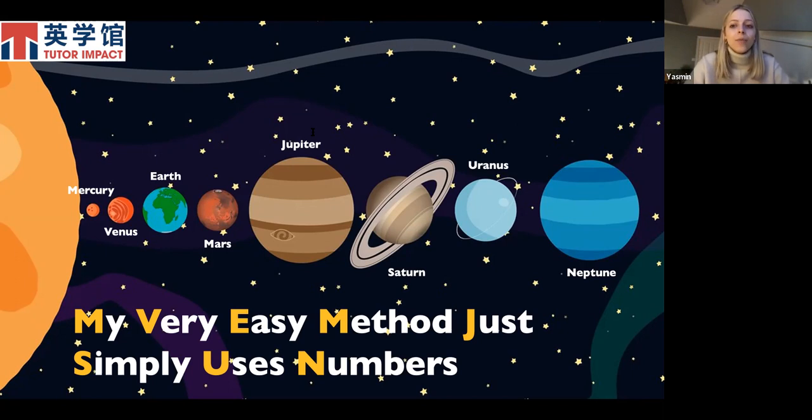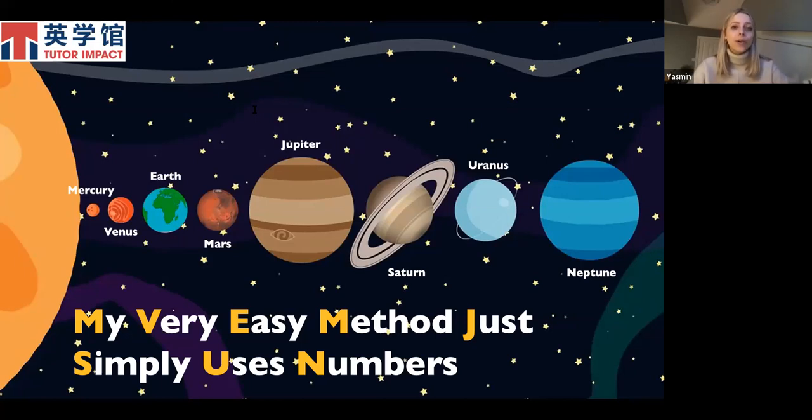So originally we had another planet called Pluto, which was just further than Neptune. However, since then, it has been recategorized as a dwarf planet. So now we only consider our solar system to have these 8 planets: Mercury, Venus, Earth, Mars, Jupiter, Saturn, Uranus, and Neptune.